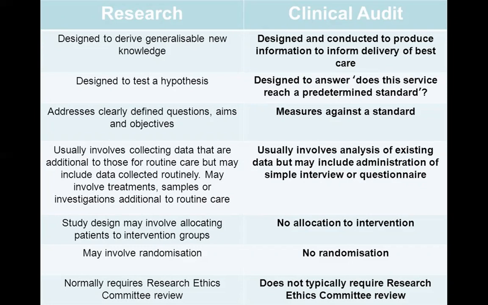But whether they're actually receiving it, or what is the reason behind that not happening, that is what we look at in a clinical audit. There is no randomization, no allocation. So, research looks at new evidence based on hypothesis. Clinical audit is basically gathering data against established standards or guidelines.